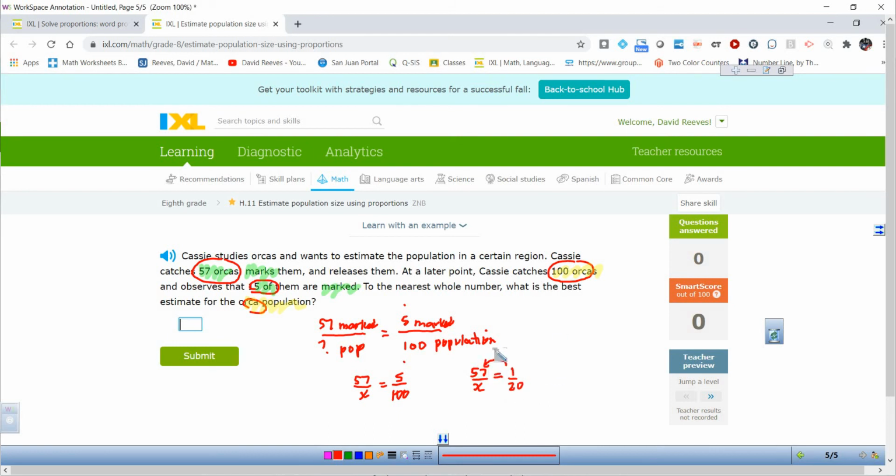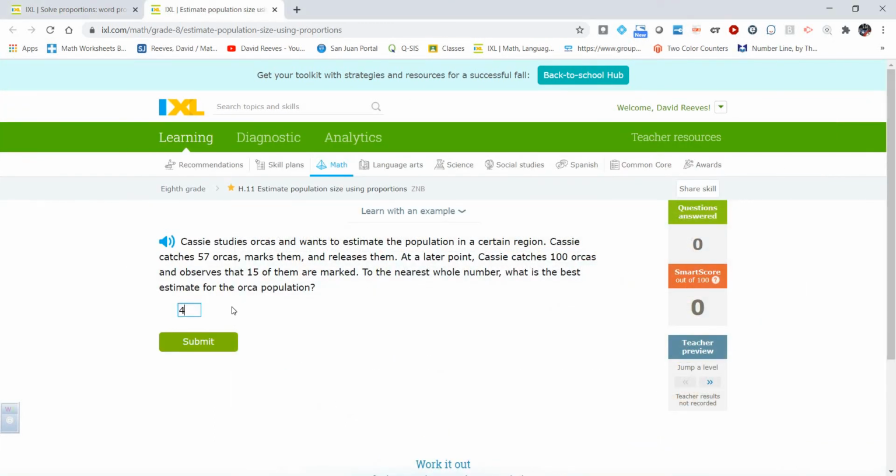So what do I have to do to get there? I have to multiply by 20. And 20 times 20 is 400. 400, all right? So we're going to go ahead and put in 400 here.